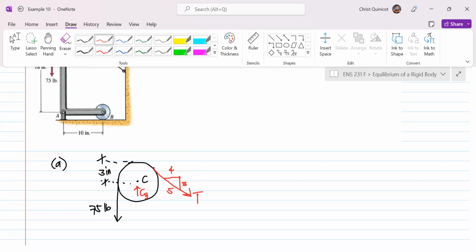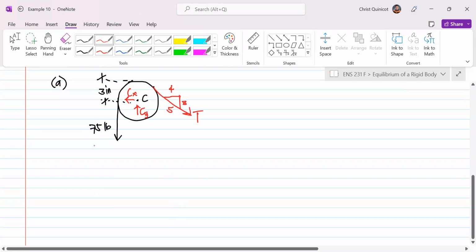And it is going to the right. So therefore, to counteract that, we must have a force going to the left. So this is to the left, our C sub x.